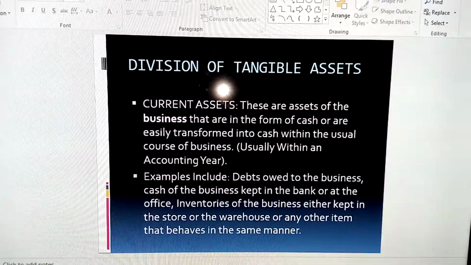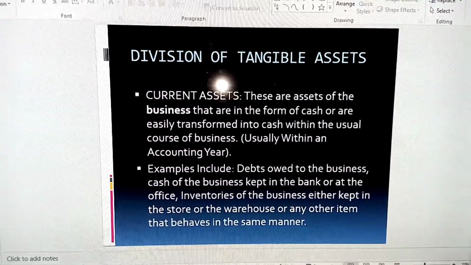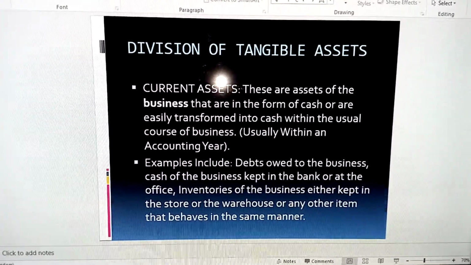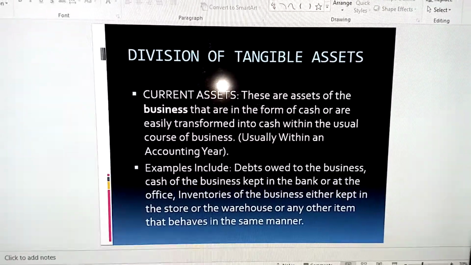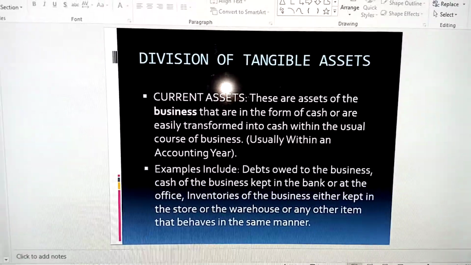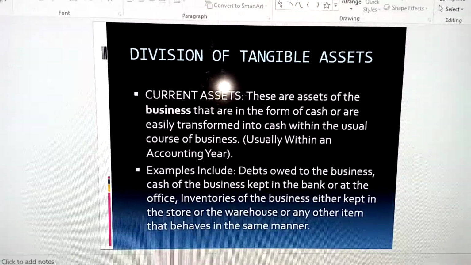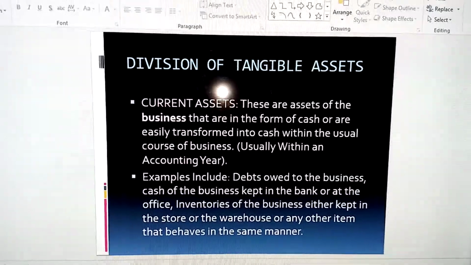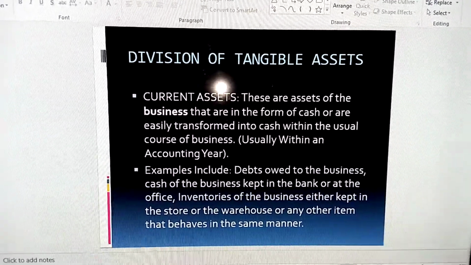So to your business, that person is a debtor. And that value is referred to as a current asset. Because in the ordinary course of business, that amount of debt is expected to be recouped within the shortest possible period of time.